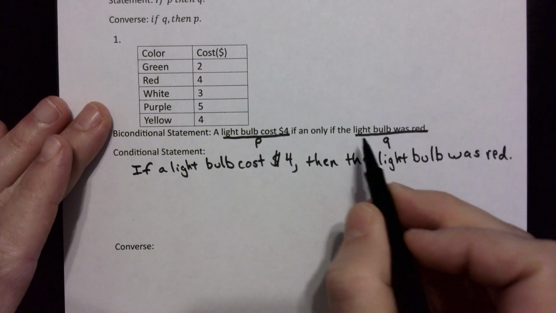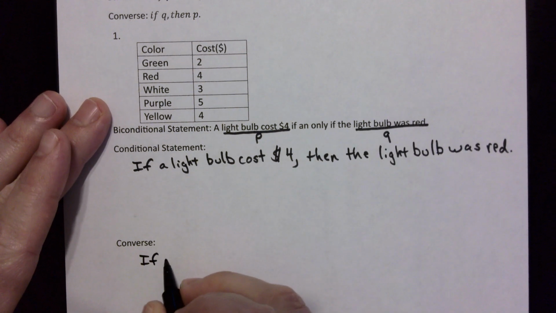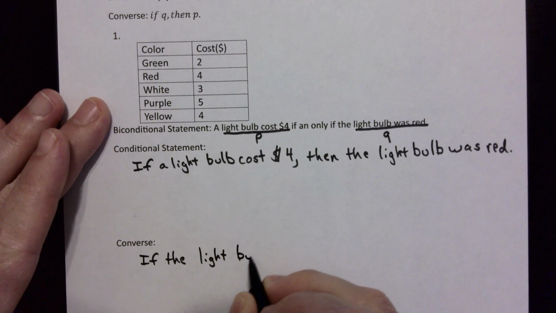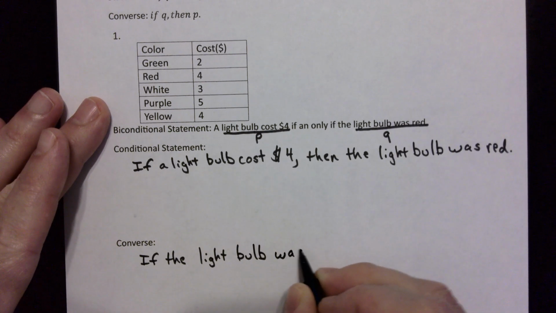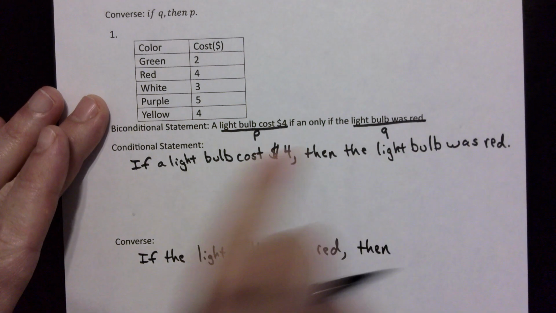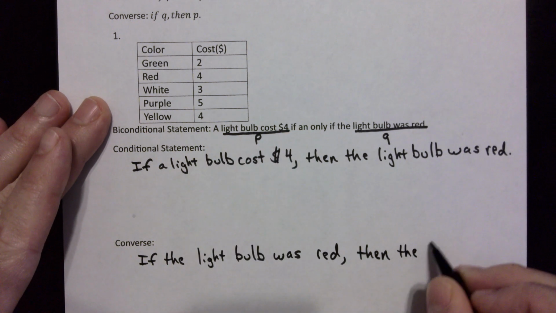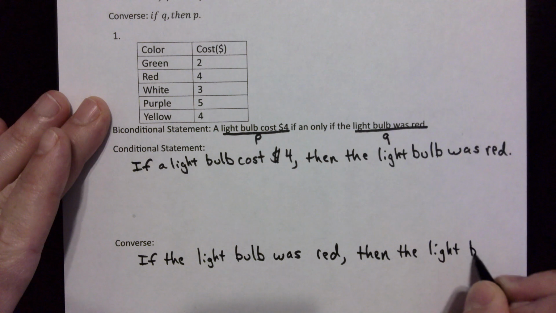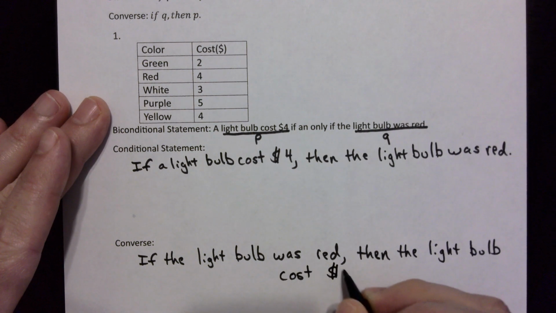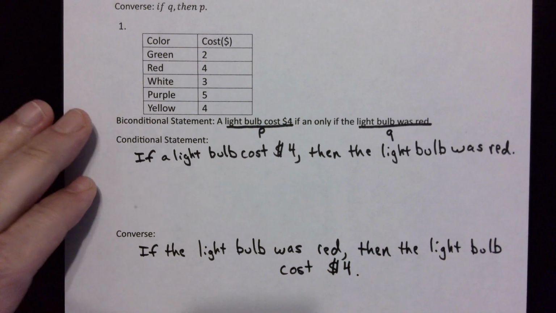If the light bulb was red, then the light bulb costs $4. So that's your two sentences: we have the conditional statement and the converse.